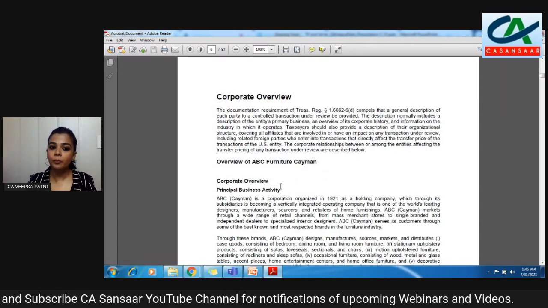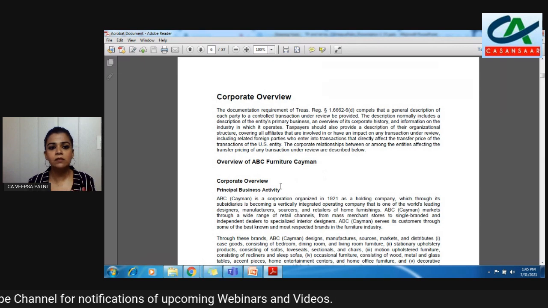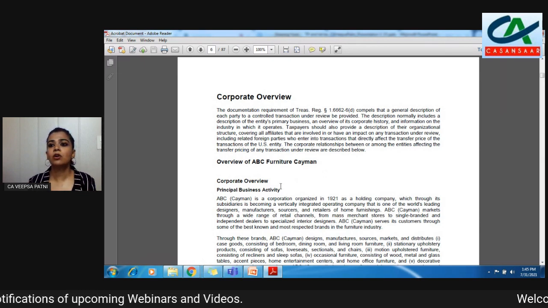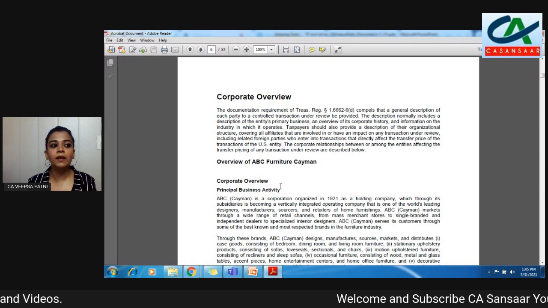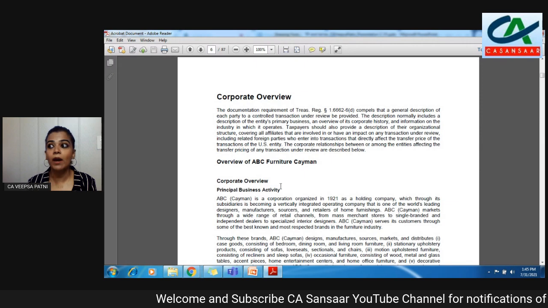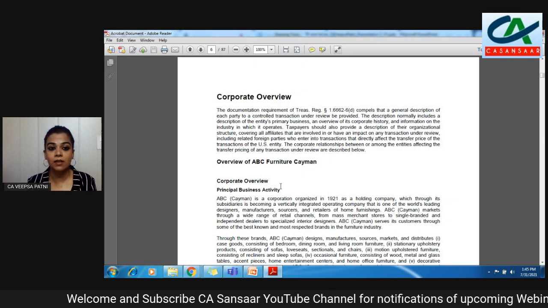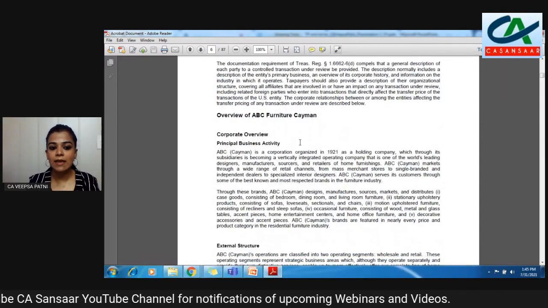Then it's all about the corporate overview, like I told you, the business overview. Corporate means M&E, your group: what the group does, why this group is maintaining this documentation, what business it is handling, why it is undertaking this international transaction. So as you can see, the principal business activity.